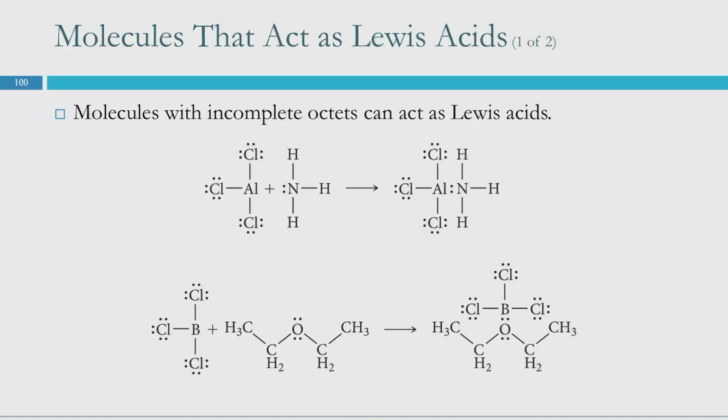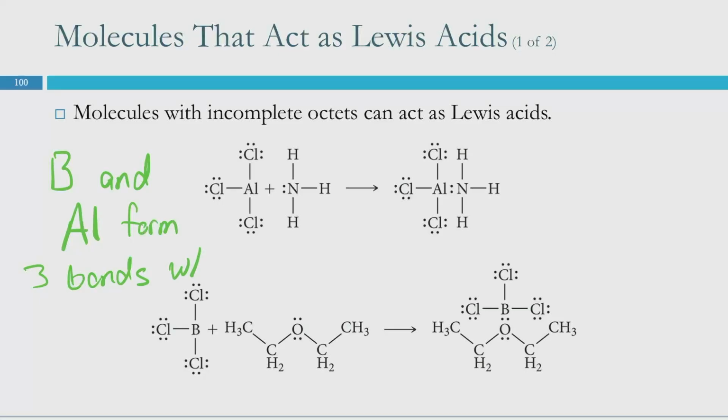But aluminum being right below boron on the periodic table, boron and aluminum both form 3 bonds with 1 empty orbital remaining. You may remember that from 1A or 3A. And since boron and aluminum form 3 bonds with 1 empty orbital, they can form adducts.